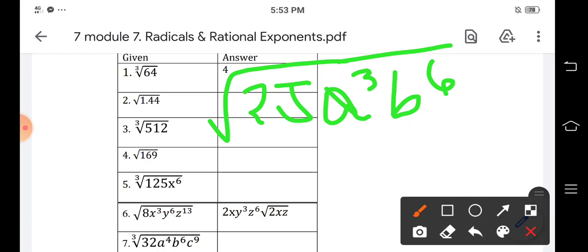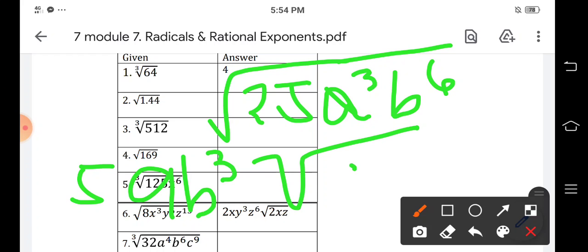The square root of 25 is 5. Then the square root of a cubed, that's a. If you divide 3 by 2, the answer is 1 and the remainder is 1 also. Then the square root of b to the 6th power is b cubed. So the answer is 5ab cubed square root of a.